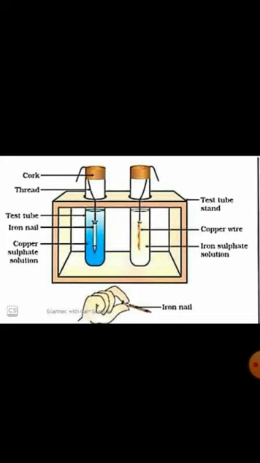We will observe that iron, which is placed in copper sulfate, will react with copper sulfate. It displaces the copper, the less reactive copper, from copper sulfate and forms FeSO4, iron sulfate, and Cu.